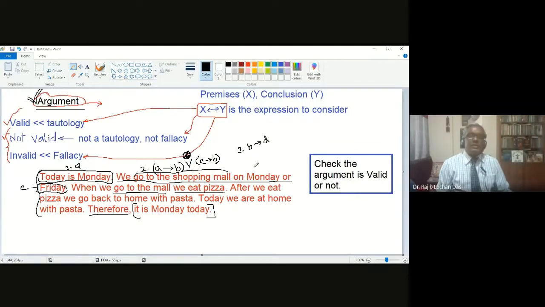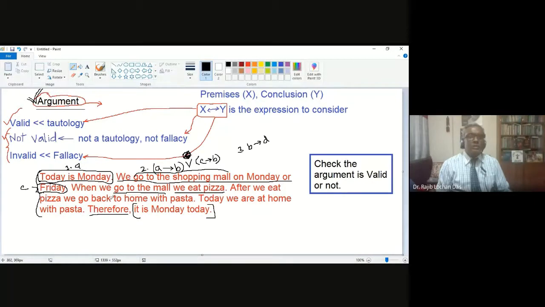Sentence number 3. Now think about sentence number 4. After we eat pizza, we go back home with pasta. So that is another thing with pasta.